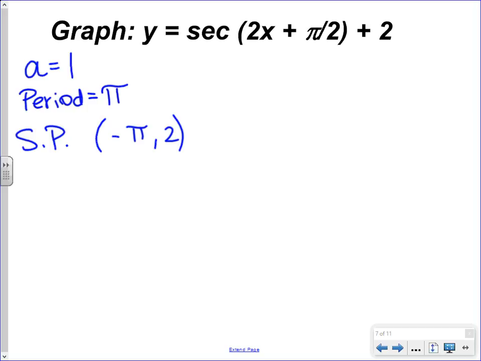Can it be negative pi over 2? Well, let's see. We have c divided by b for our x coordinate, right? Our c value is negative pi over 2, and we're dividing by b, which is 2. So isn't this negative pi over 4?